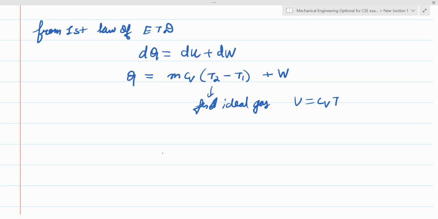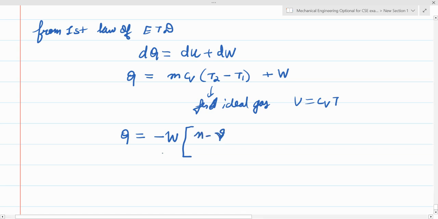Thus we can say that Q is equals to minus of W multiplied by (n minus gamma) divided by (gamma minus 1).